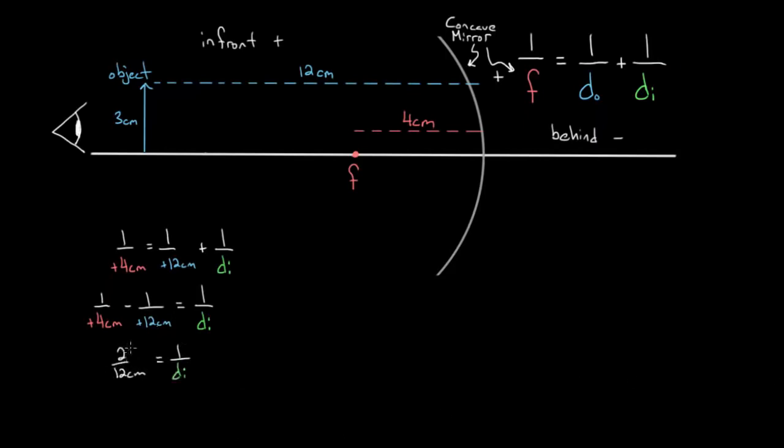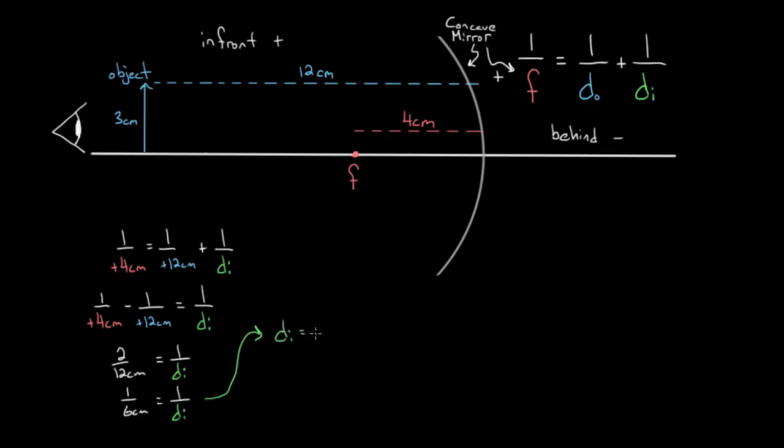But 2/12 is just 1/6. So 1 over the image distance is just going to be 1/6. But that's what 1 over the image distance is. Sometimes people forget to flip this at the end. We don't want 1 over the image distance. We want the image distance. So finally, you take 1 over each side, and we solve and we get that the image distance is going to be 6 centimeters. And it came out positive.